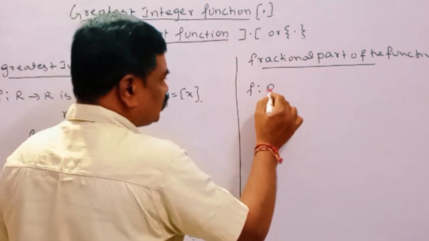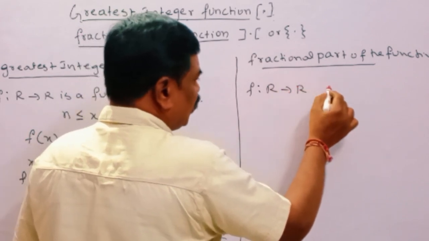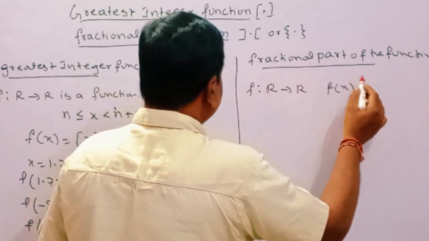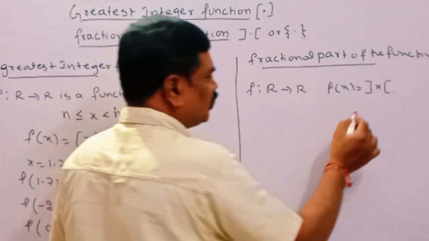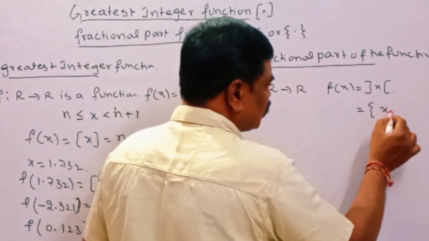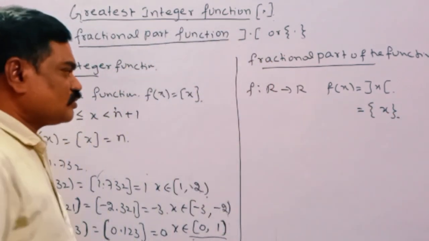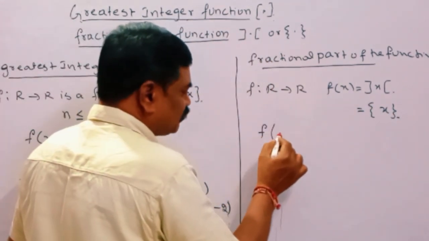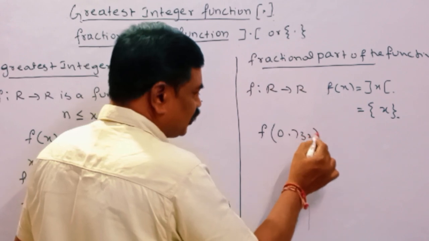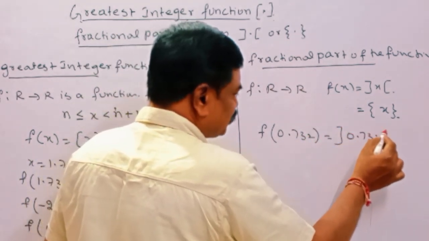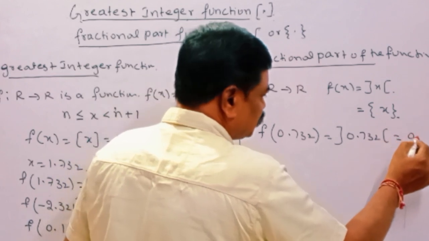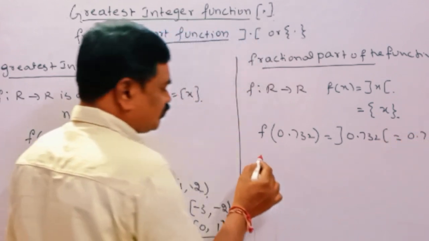The fractional part function f from R to R is defined as f(x) = {x}. Suppose f(0.732), this is the fractional part of 0.732, which is equal to 0.732.